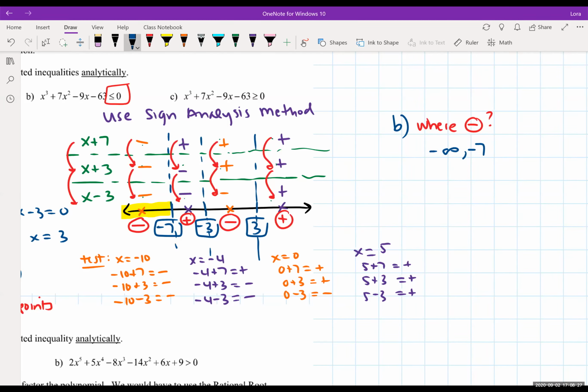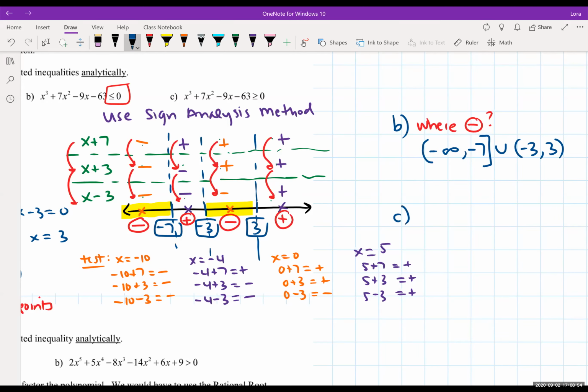Understanding it was less than or equal to, so infinities always have parentheses. The negative 7 would have a bracket, and I'll be clear on that bracket. The other negative region that I see, negative 3 to 3. So if we see a jump, we're going to use the union symbol, and then take negative 3 to positive 3. So that's our solution for part B.